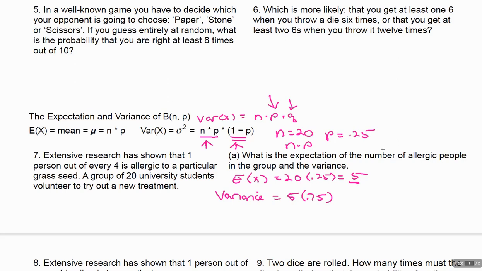But that's essentially it. Anytime you have a binomial distribution, you have to have a fixed number of trials and a probability of success, and all you do is multiply them together to get the expected value.